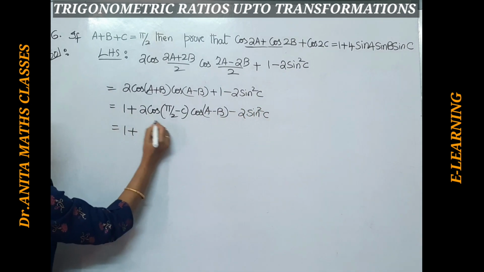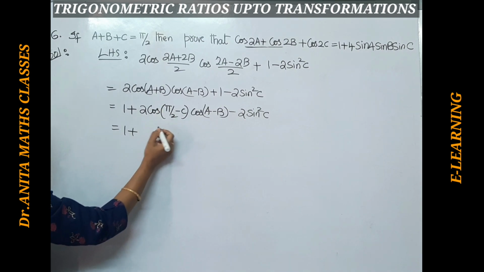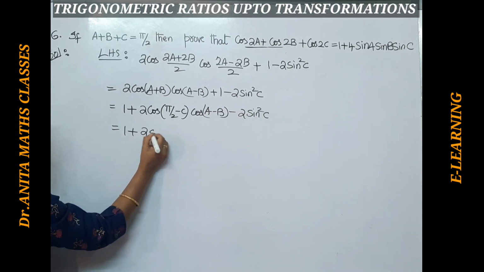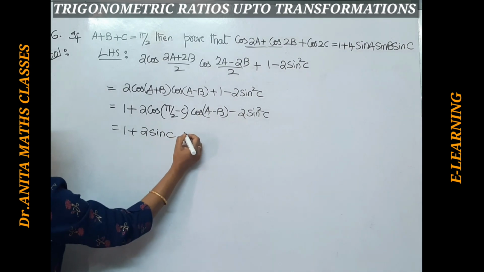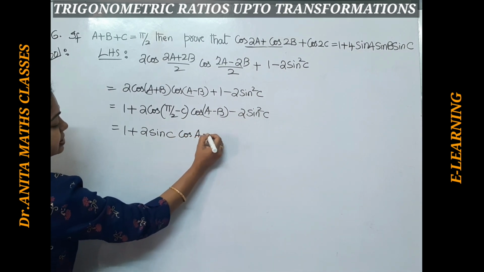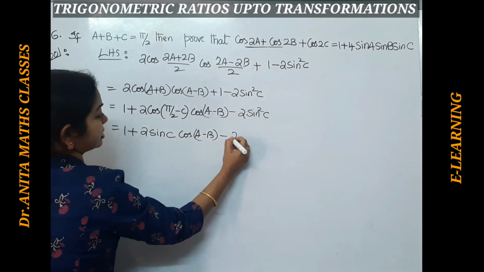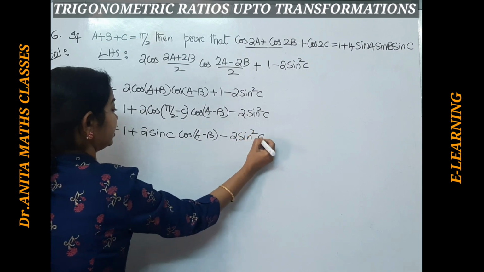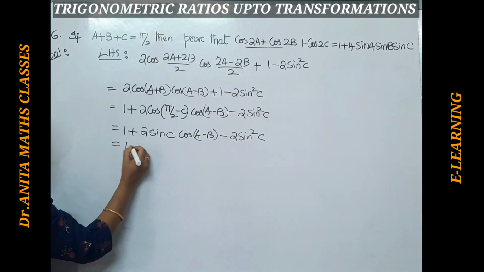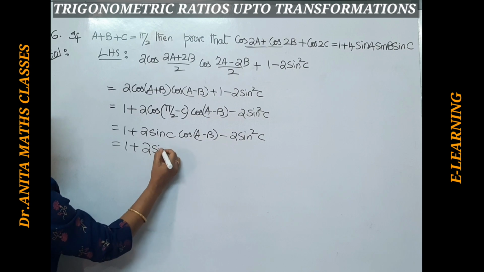Here 1 plus cos pi by 2 minus C, that is sin C. So this becomes 2 sin C cos A minus B minus 2 sin square C. We can take 2 sin C common.